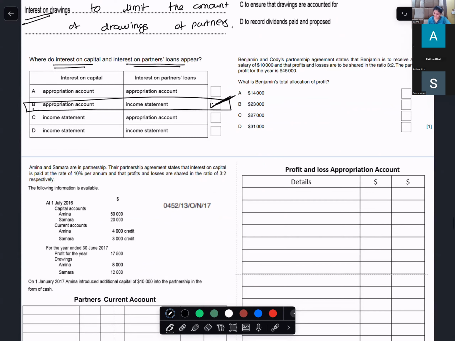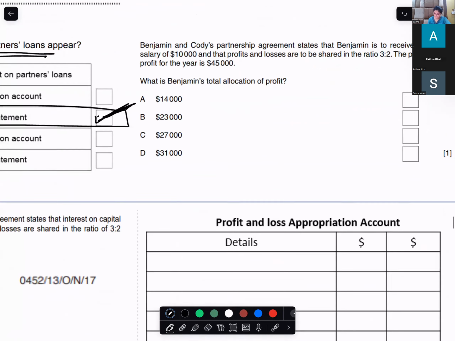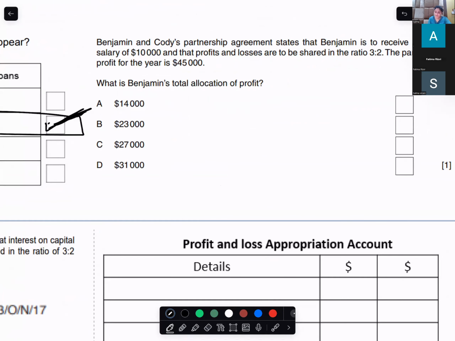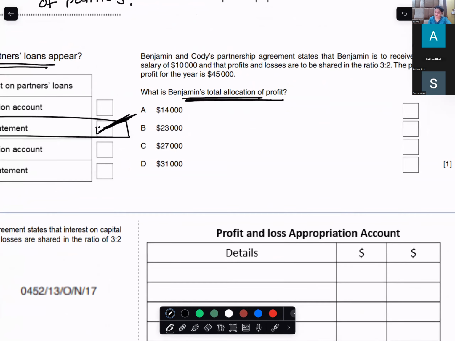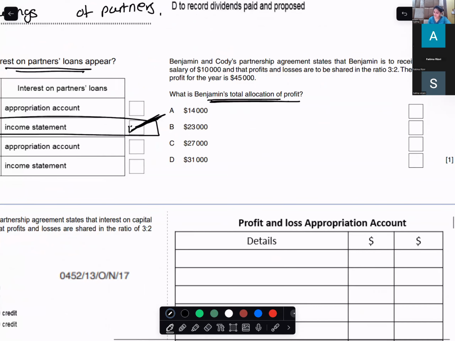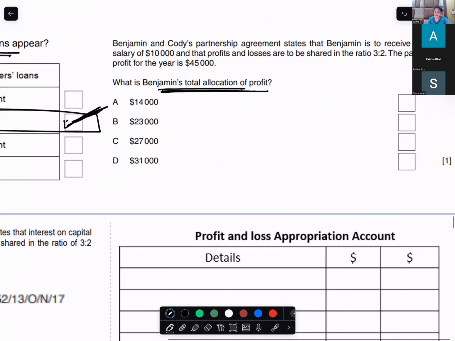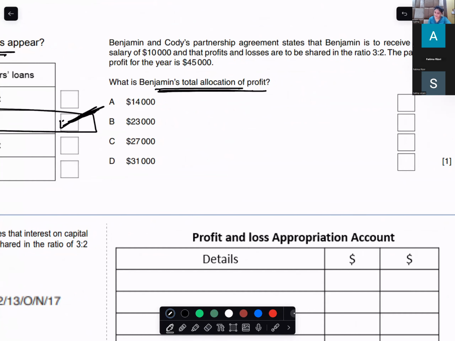Come on, this one. What do they want? Total allocation of Benjamin's profit. So when they want allocation of Benjamin's profit, you better prepare Benjamin's capital account.